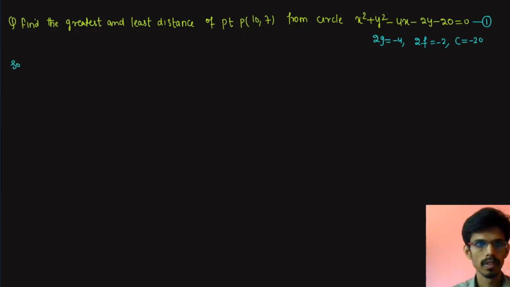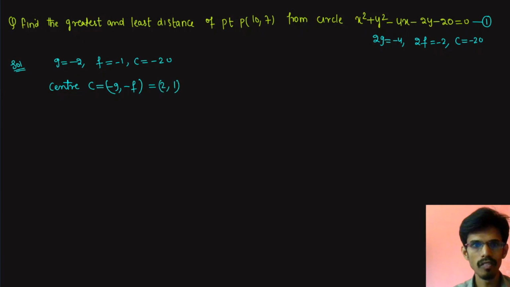So the value of g will be minus 2, f value will be minus 1, c value will be minus 20. The center of the circle is (minus g, minus f), that will be (2, 1).